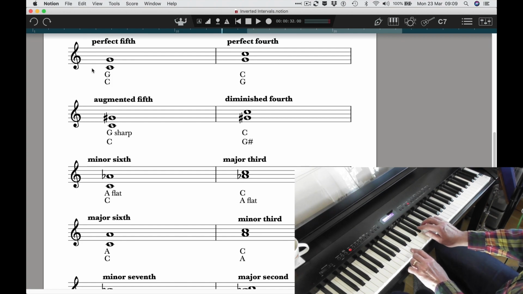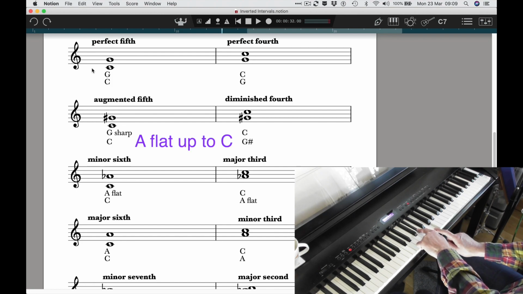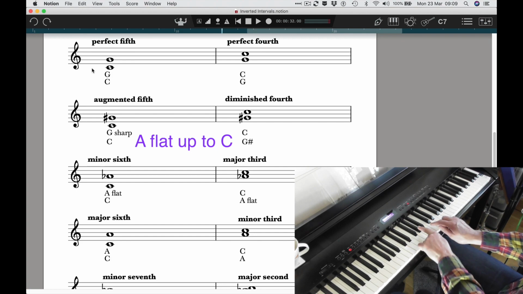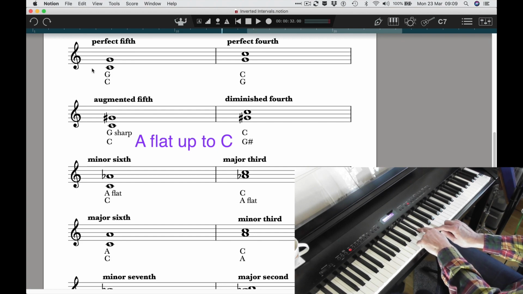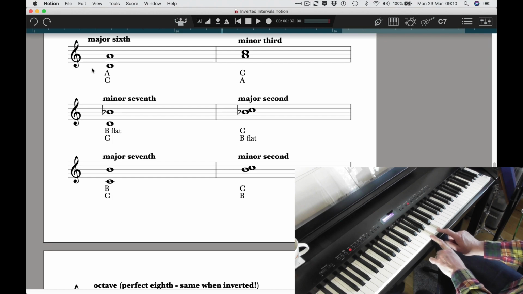Let's do C to A flat, which is a minor sixth. Invert it, becomes a major third. 6 plus 3 adds up to 9. A minor interval becomes a major interval when you invert it. So major sixth, C up to A, invert it, becomes a minor third.